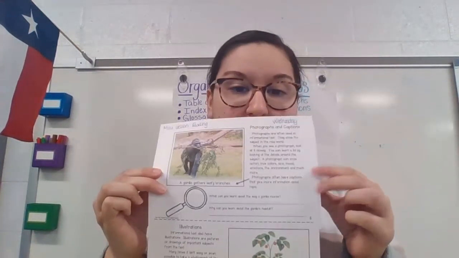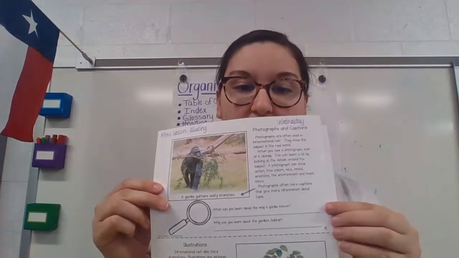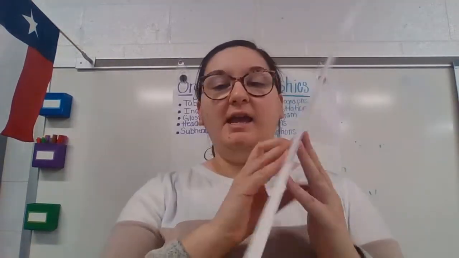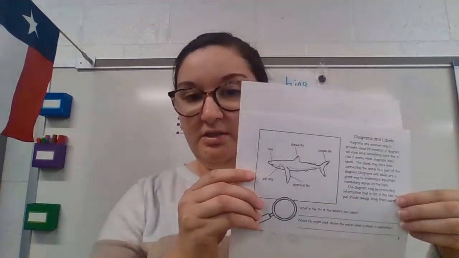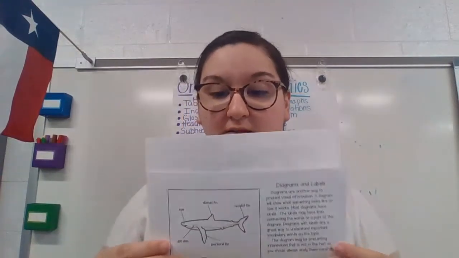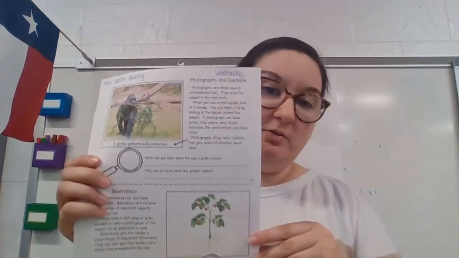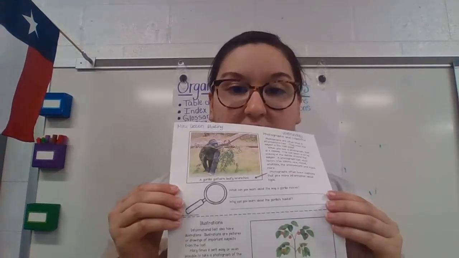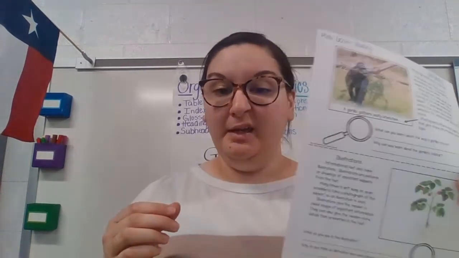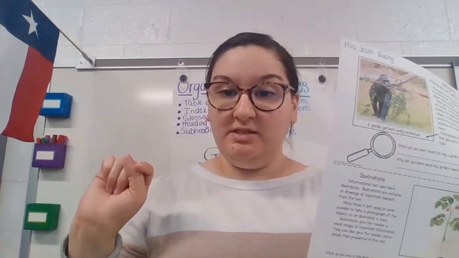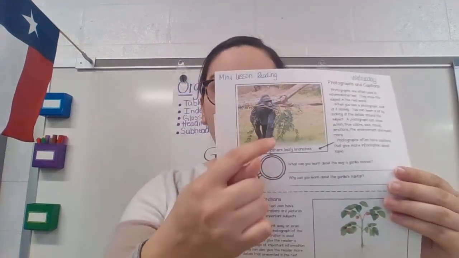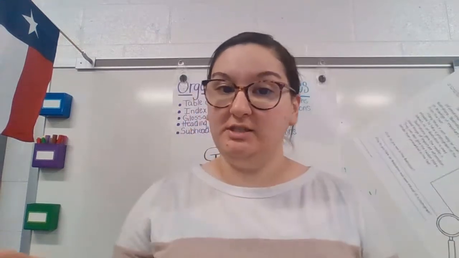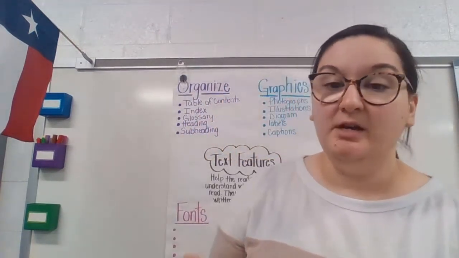You're going to read more information about photographs and captions, illustrations, and diagrams and labels. So please make sure you are reading that information and answering the questions. Remember guys, if you do not have the handout, click on the link under materials, read, and on a piece of notebook paper, answer the questions and submit your picture in like that.